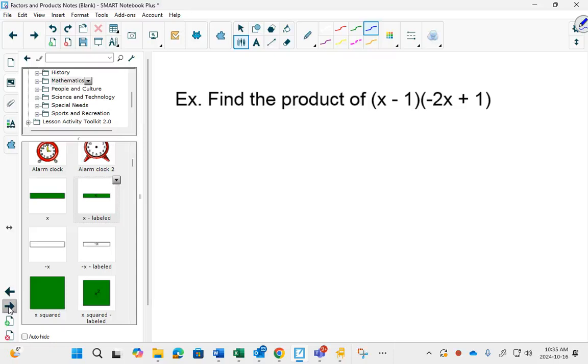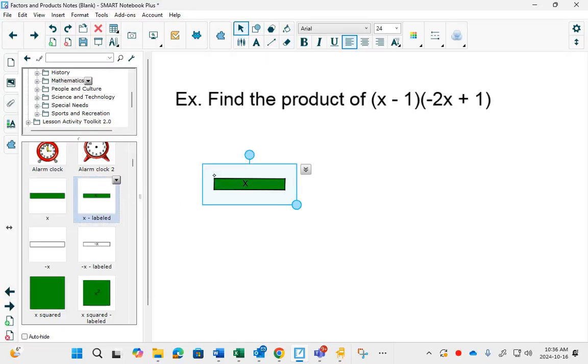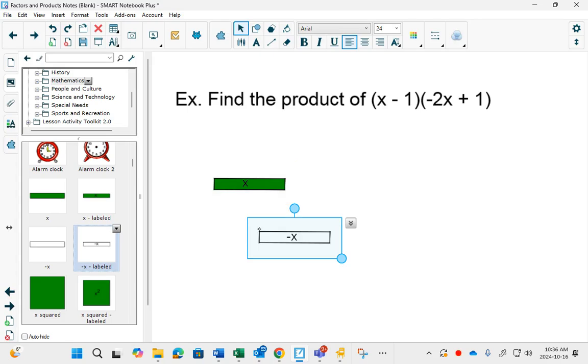Do you know that if you want to show an X tile that's positive, you would draw it and shade it in? And if you want to show an X tile that's negative, you draw it and don't shade it in. So filled in tiles are positive, not filled in tiles are negative. But we're not going to do this.